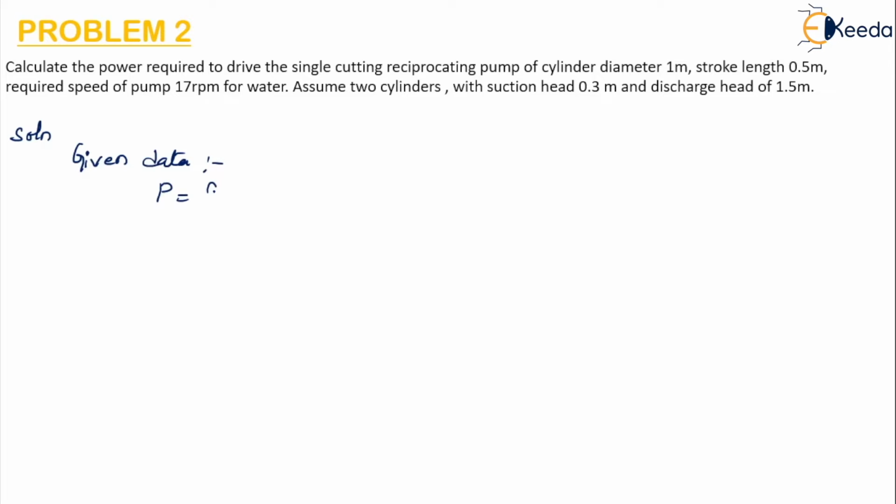P is the question: to drive a single acting reciprocating pump, the number of cylinders is 1, with cylinder diameter D of 1 meter.